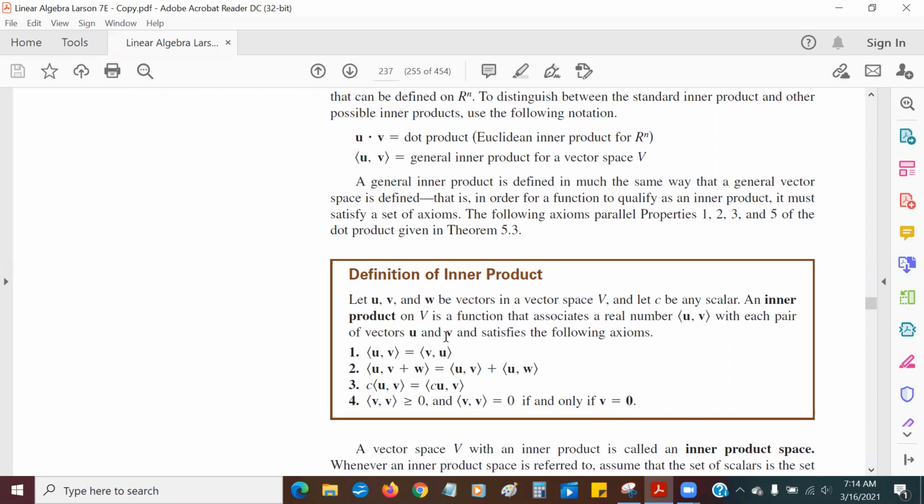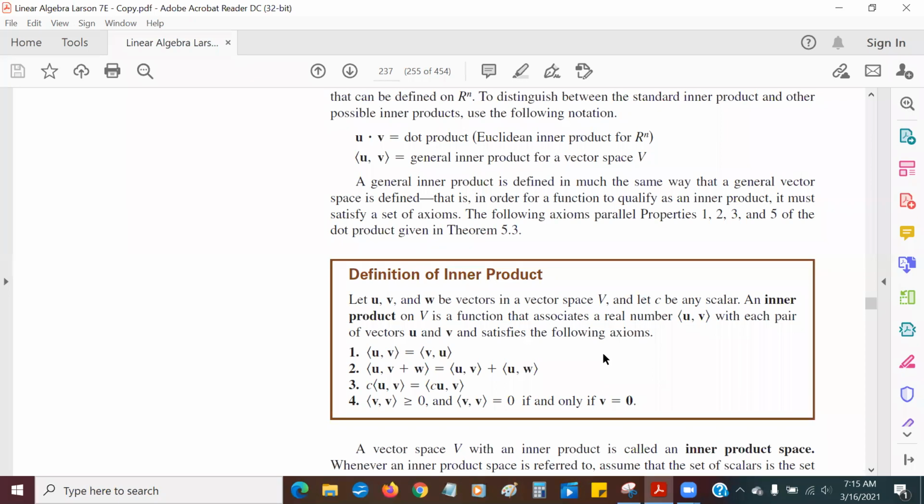An inner product on V is a function that associates a real number, pointy bracket U comma V, with each pair of vectors U, V. That's almost a backwards way of saying it, because really what we're saying is that we take 2 vectors U and V, we put them in this inner product machine, and it spits out a real number.